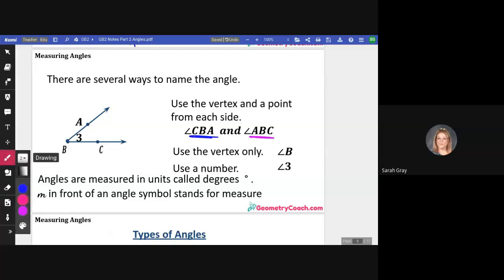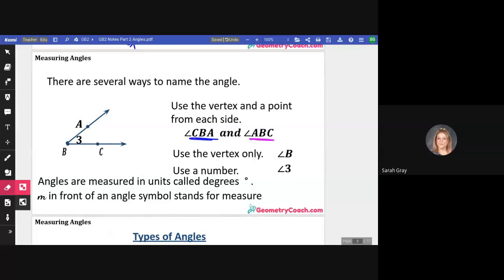Okay, and then sometimes they put a number inside just to identify. So this is angle 3. This is usually only done if there's a whole bunch of angles all stuck together. And they do that to make it easier to label. Now, this is not a degree measure.